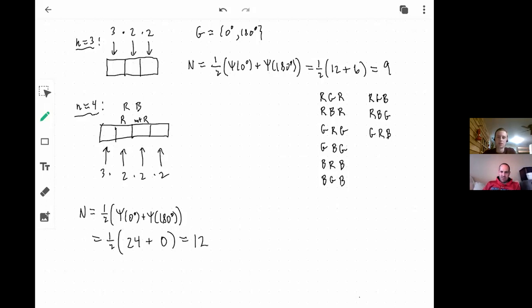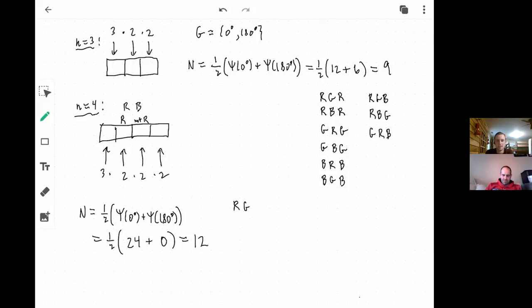Now I'm extra curious. I actually want to write them down, I think. In these early cases, it's kind of fun to just write them down. So let's think here. Let's first do the ones that are fixed under rotation, okay? Red, green. And once I have red, green, guess how it has to finish if I want it to be fixed under 180-degree rotation.